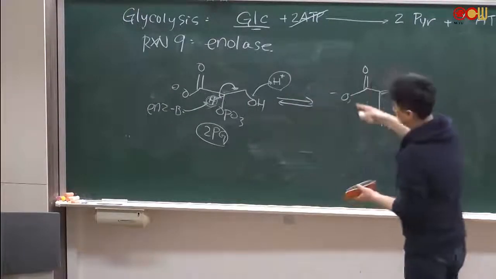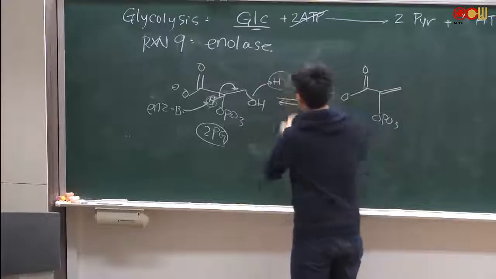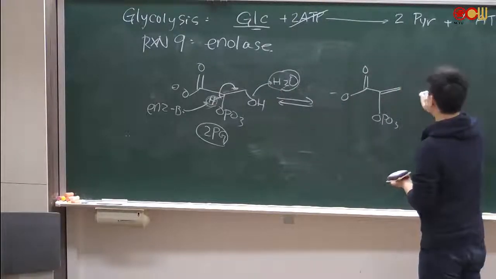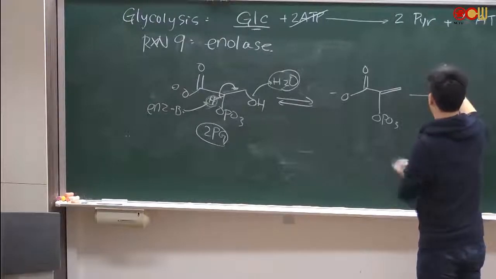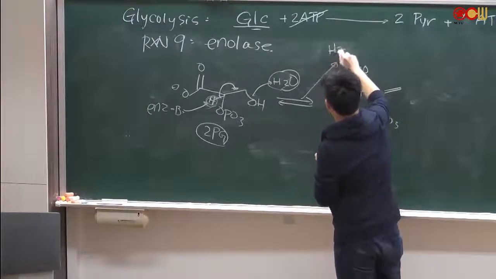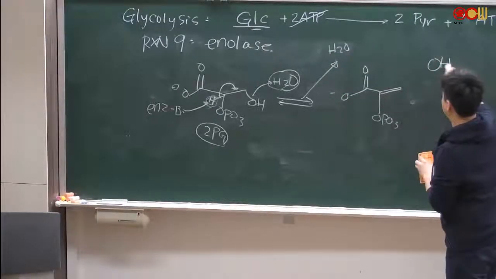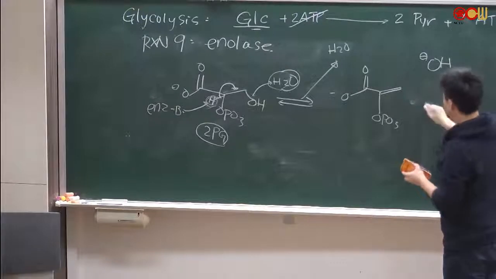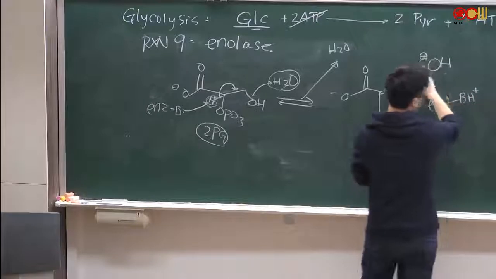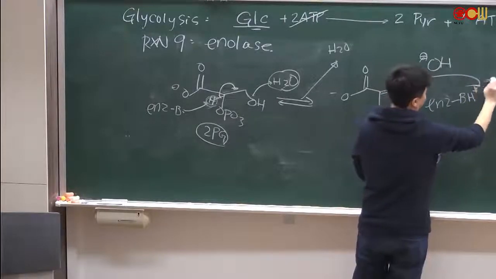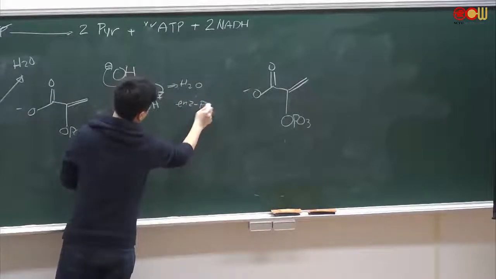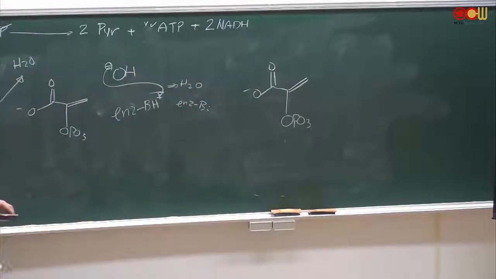Let's say you grab an H2O and you kick out the water. Now you have OH minus here, and you have enzyme B plus. OH minus grabs the plus, and then this becomes H2O and enzyme B. So you regenerate the enzyme.